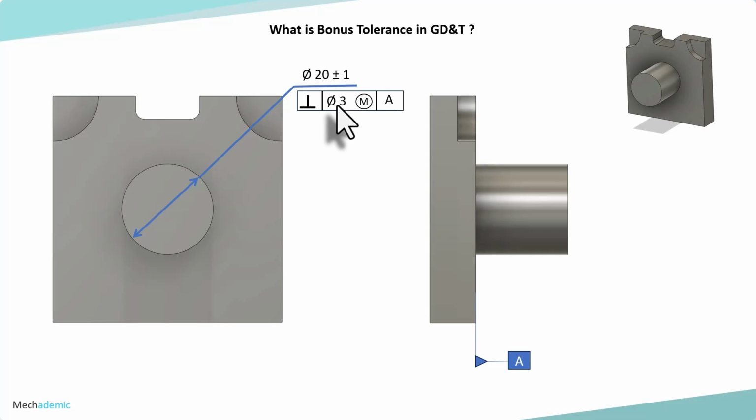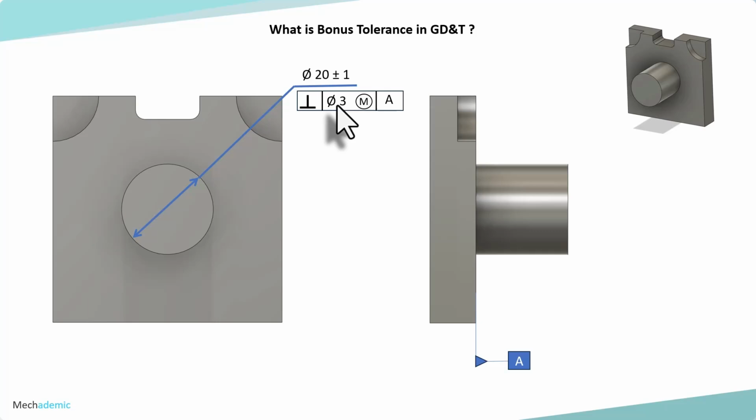An important point to note is that if this pin was not being assembled into a counterpart hole or internal feature of size, and the main requirement for the component is accuracy and precision of the feature, in that case this perpendicularity control, the bonus tolerance, is not considered as bonus. The bonus tolerance is only considered as bonus when we have an assembly counterpart.